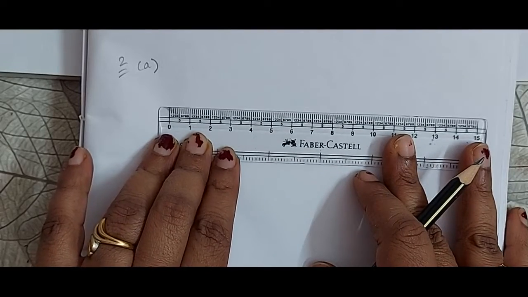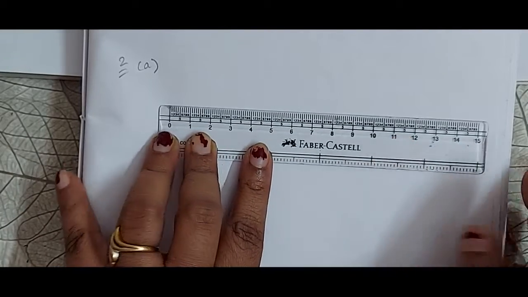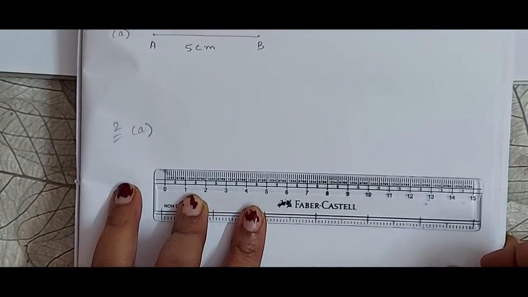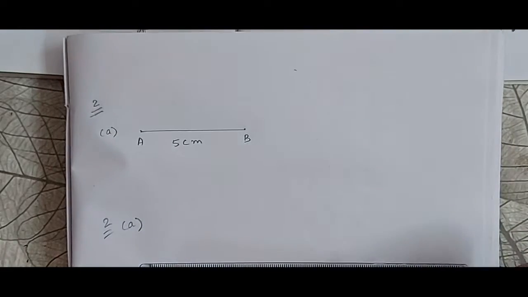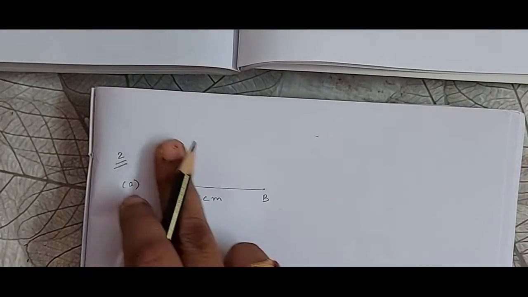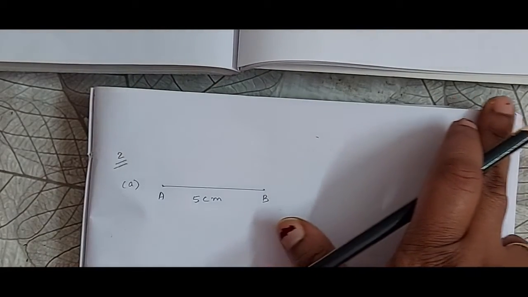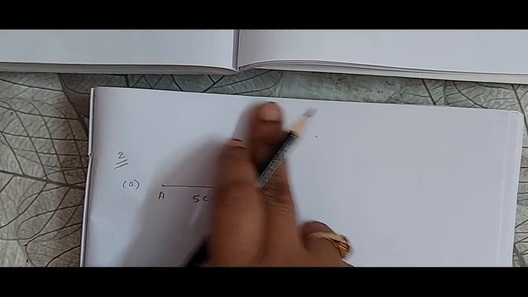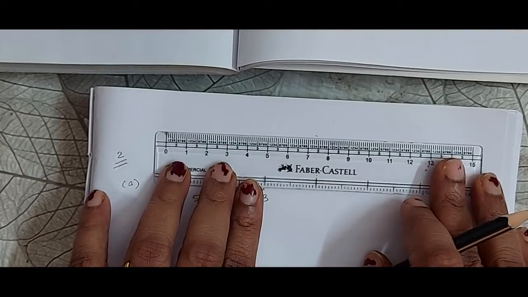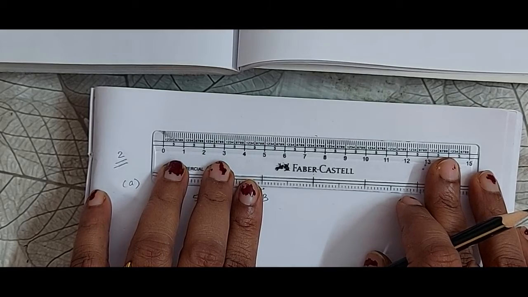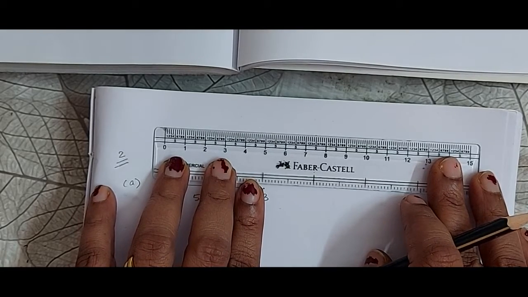The ruler should be parallel to this side of the notebook. This is the edge of the notebook, and your ruler must come parallel to this edge.